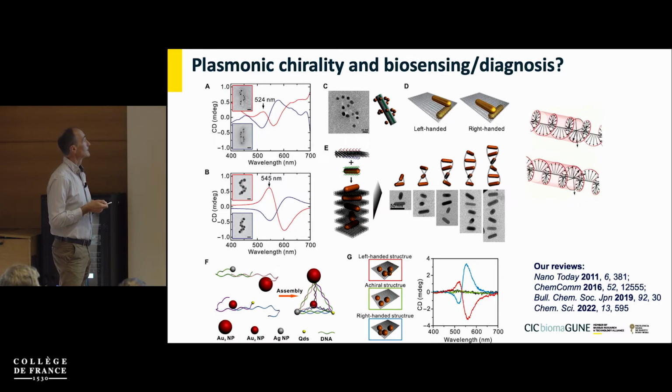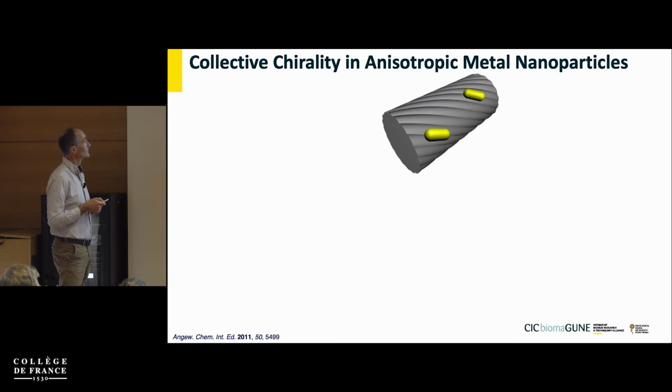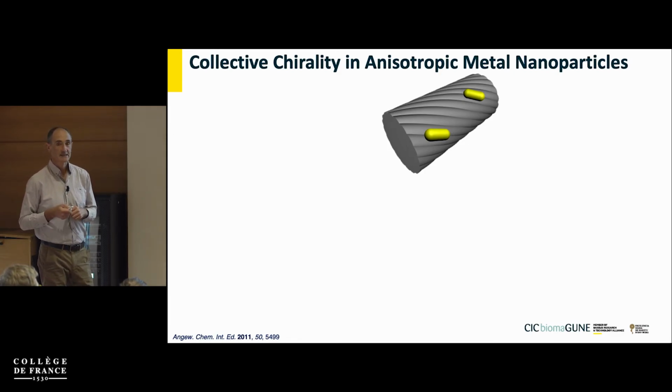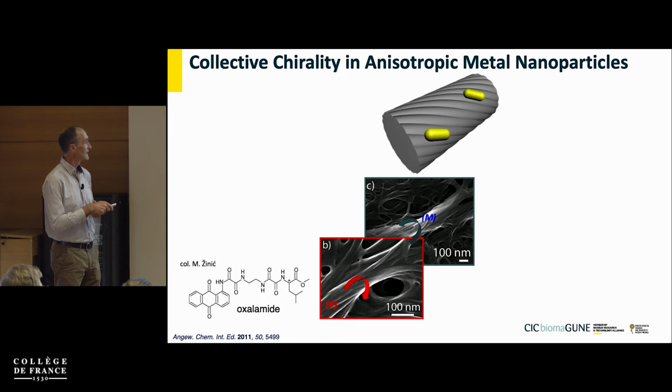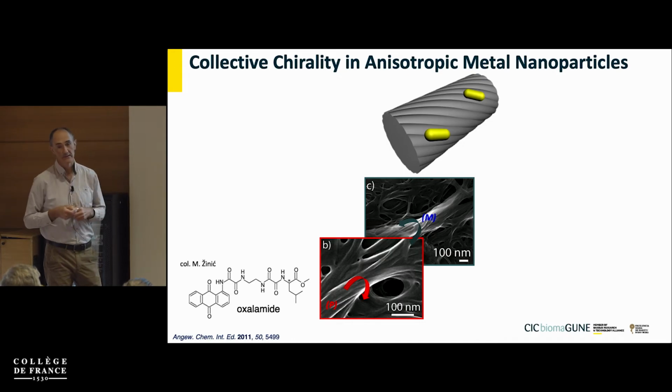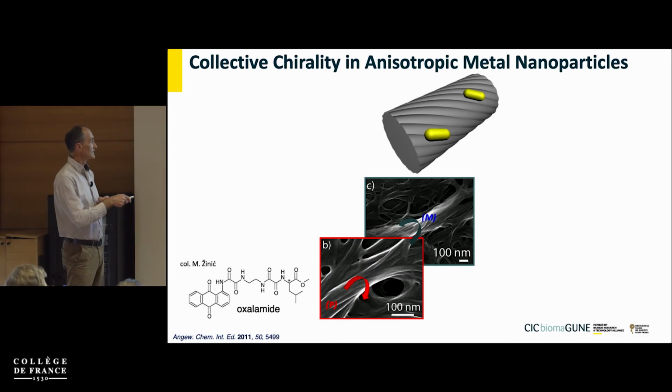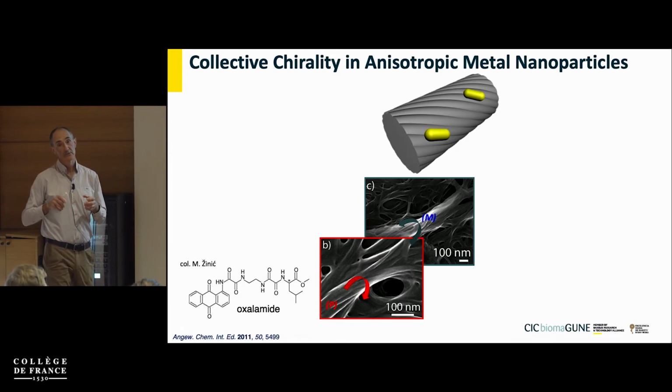So we did some work related to this some time ago, organizing gold nanoparticles onto, say, more mundane templates, and this was simply a gel that was created by the incubation of this molecule at the right concentration. This was provided by colleagues in Zagreb, and we obtained both enantiomers, so we could create gels which were rotating either to the right or to the left.